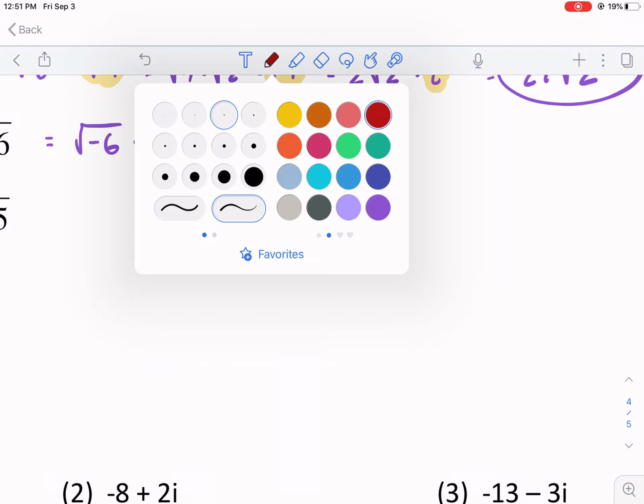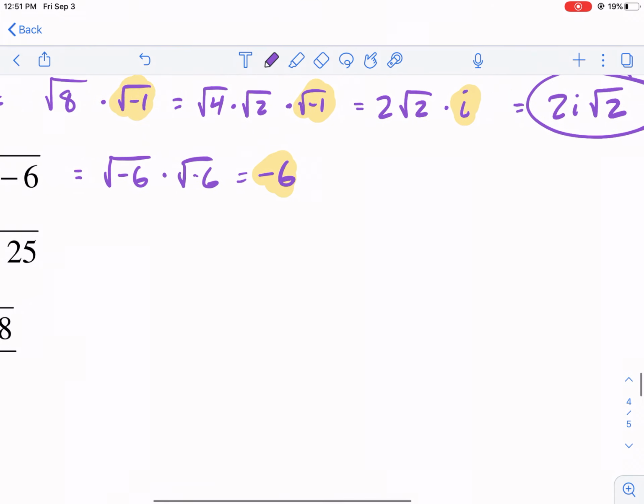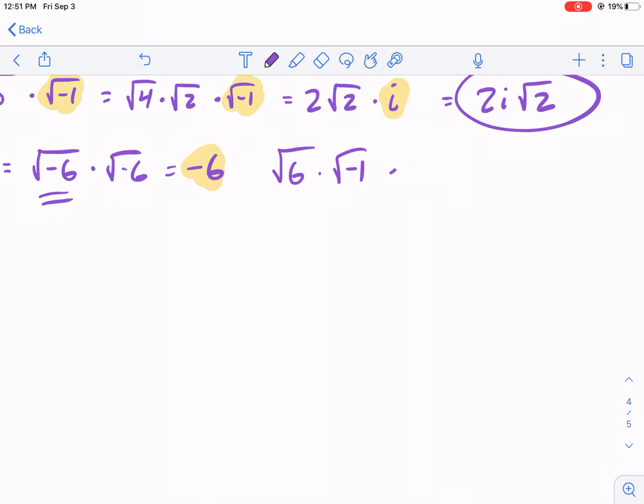Okay, so now that we know we need to handle each radical as it comes with its imaginary components, we have the positive component of this first one, 6 times the square root of -1, times the next one, square root of 6, times the negative component, square root of -1.